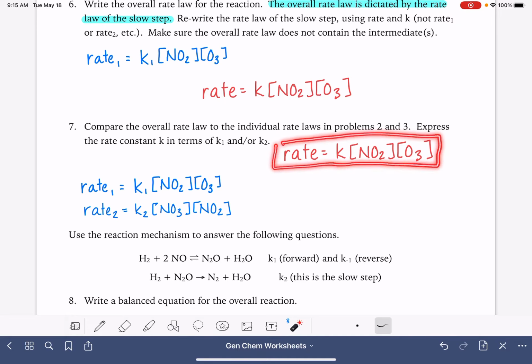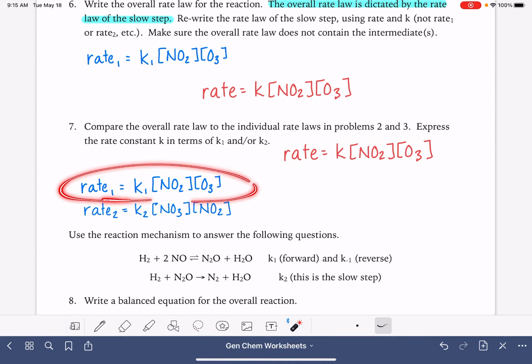Now, you might be saying, I think I might be missing something here. This rate law is identical to this rate law, and sometimes that happens, and it's kind of lucky when it happens. The only thing that's different between these two that I've highlighted is that we're using the term sub 1 in the blue, and we're not using that sub 1 term in the one that's in pink. But other than that, these two are perfectly identical. And when something like that happens, we say, yes, that makes this really easy.